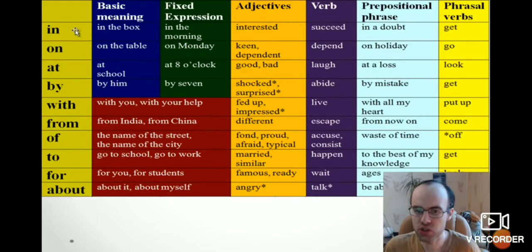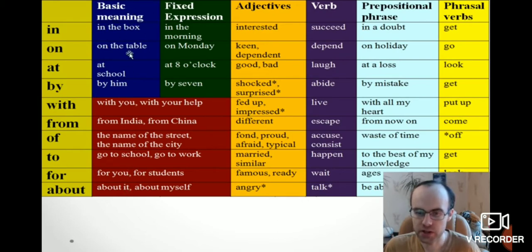I would say the most important prepositions, you see, are in, on, at, by, with, from, of, to, for, and about. And you see some other columns.